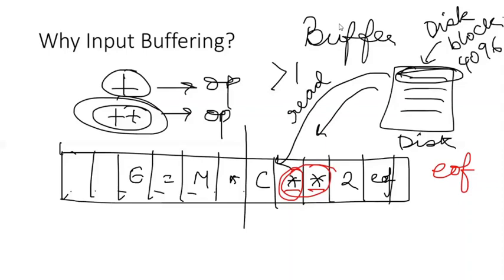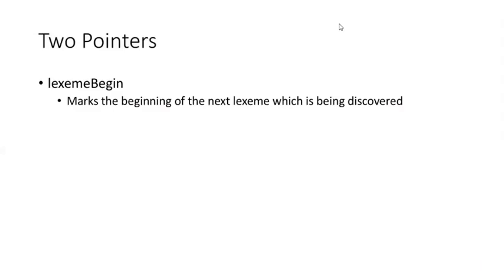To do this, we have two pointers being used. The first pointer is known as lexeme begin. Lexeme begin marks the beginning of the next lexeme which is being discovered.